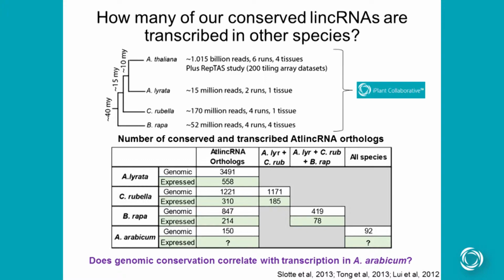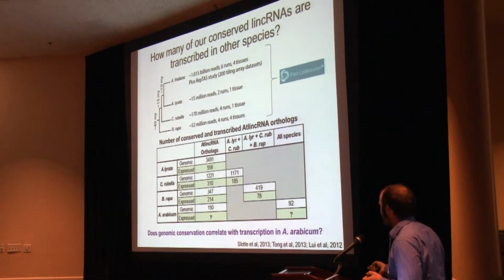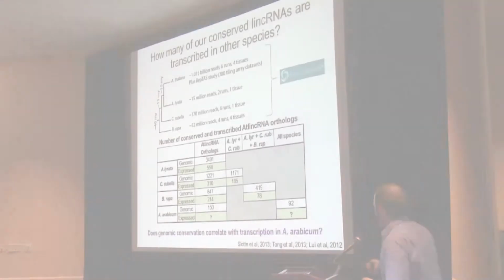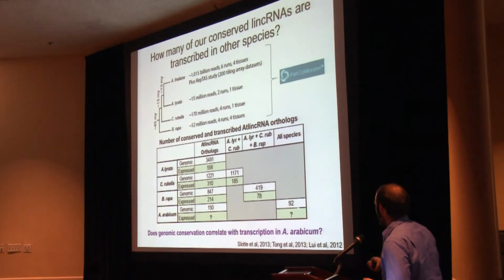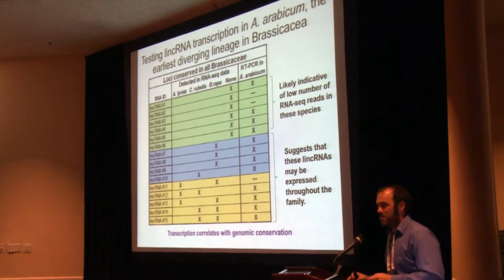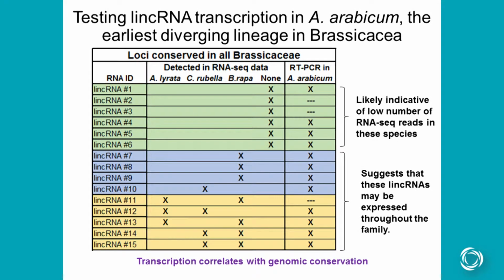Here I'm showing you the number of loci that were identified in the genomes of these 4 species. Can we assume that conservation correlates with transcription? So we took a random sampling of 15 of those 92, and we asked, are they expressed?